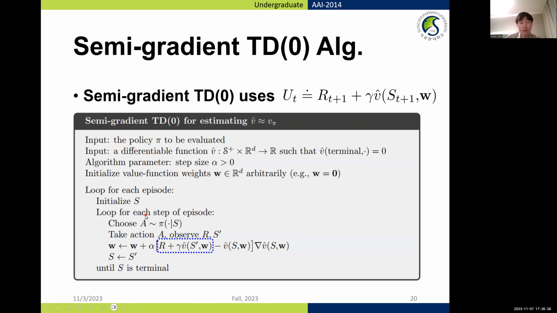For each episode, we loop through each step, because it's TD(0) and we need to update at every step. We choose an action from the policy pi, take the action, observe the reward, and move to the new state. With the previous state, reward, and new state, we can update this weight vector.